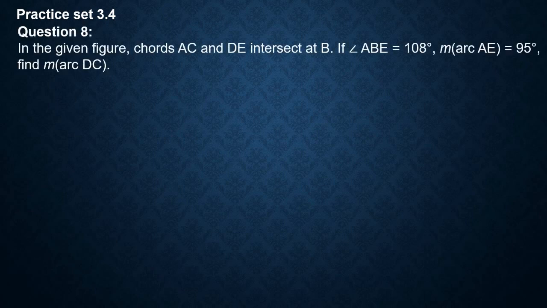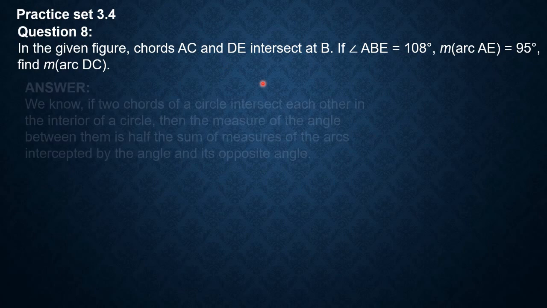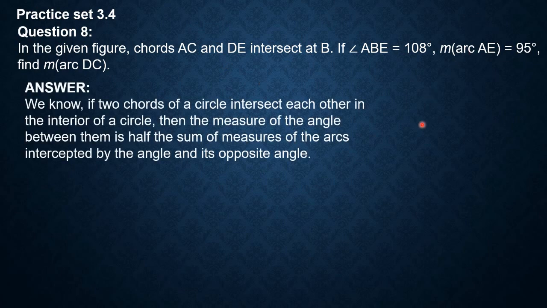Next we'll do the eighth sum of practice set 3.4. In the given figure, chords AC and DE intersect at B. If angle ABE is 108 degree and measure of arc AE is 95 degree, we have to find the measure of arc DC.